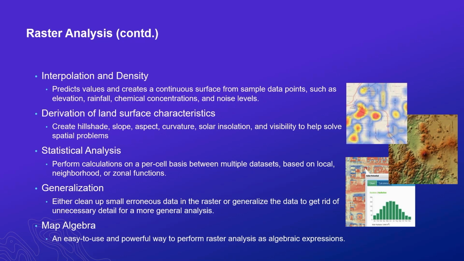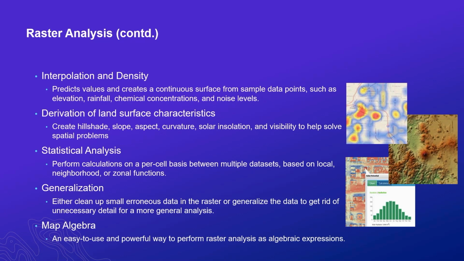Statistical analysis is something that we do on a regular basis, on a cell by cell basis or neighborhood basis or a zone basis, and all this information is used as independent information or sometimes used in another application. Now, all this analysis is only as good as your data, and most of the time the data is not perfect. So what do you do? You take your data and clean it up, and we have many tools to do that.